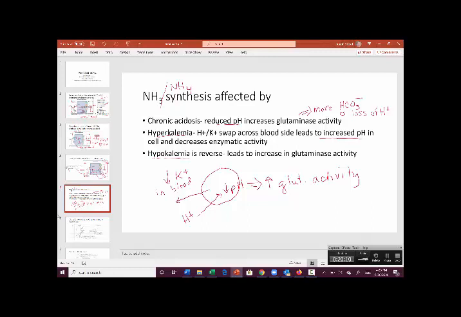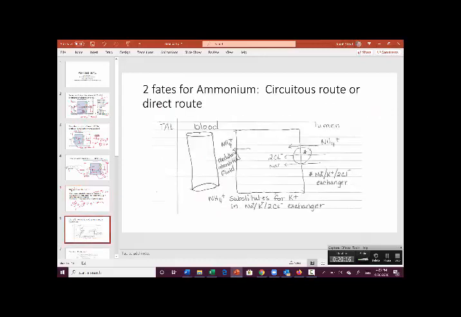All right. So now I'm going to continue on, like I said, with the circuitous route for ammonium. Remember, one fate was for the ammonium just to stay in the filtrate and end up in the toilet. Here is the second fate for ammonium.